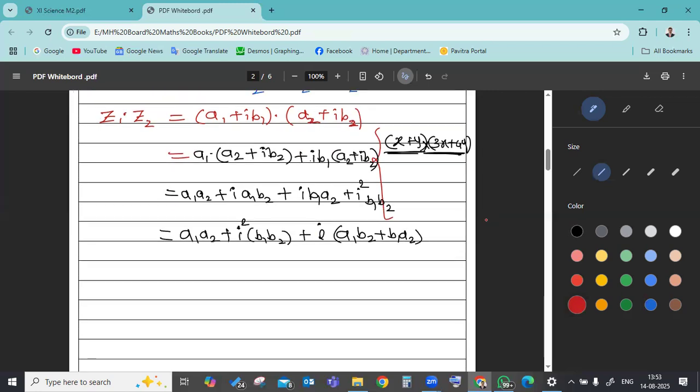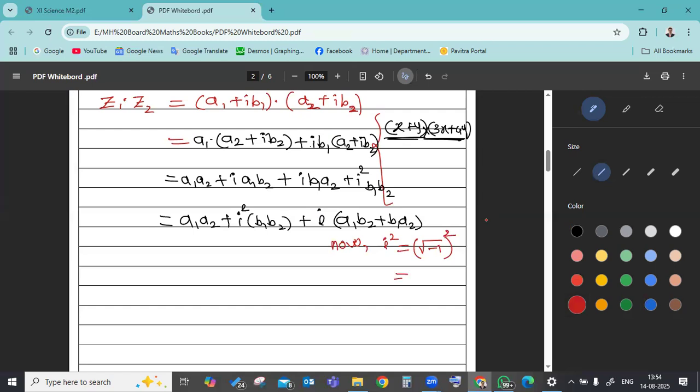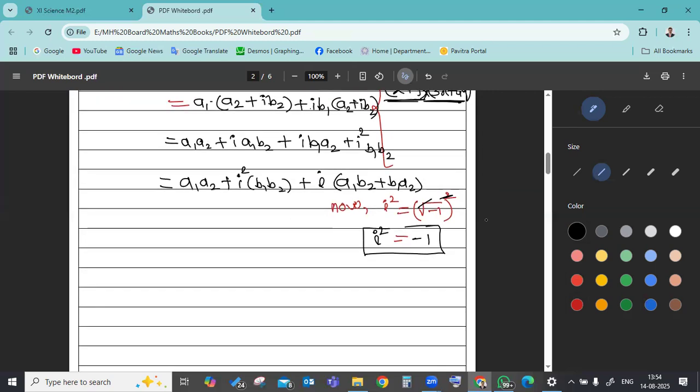Now, what about this i square? Now, this i square is the square root of minus 1, its square. The square is cancelled with the square root, and this gives the result minus 1. So i square is equal to minus 1. The square of the number is minus 1. That's why it is an imaginary number, no?